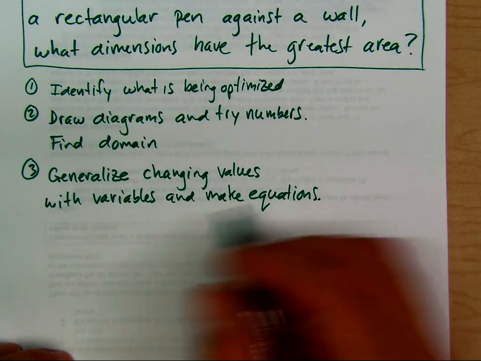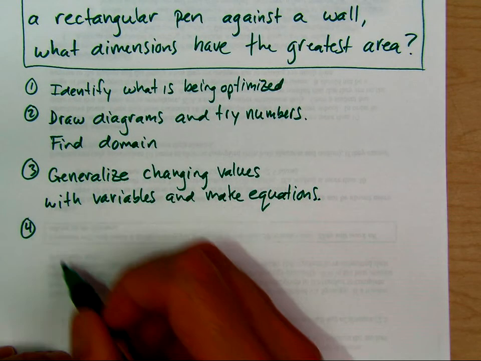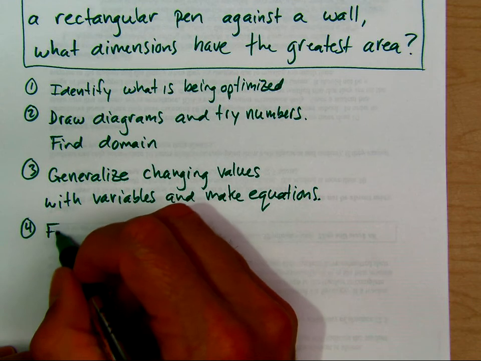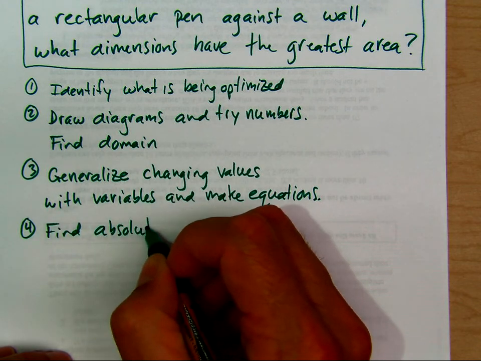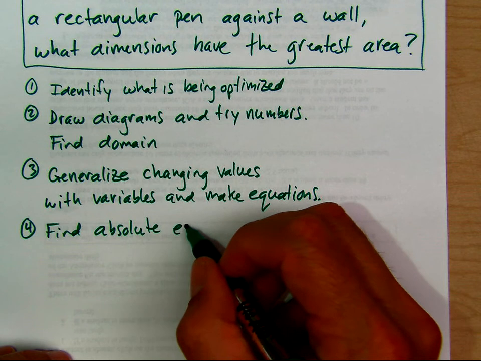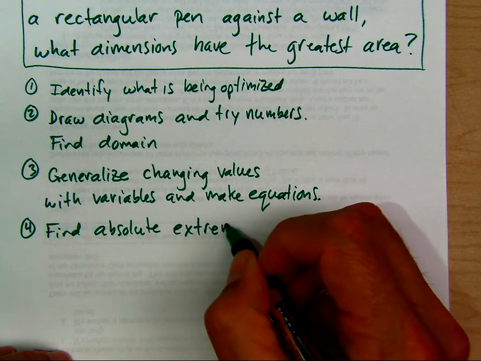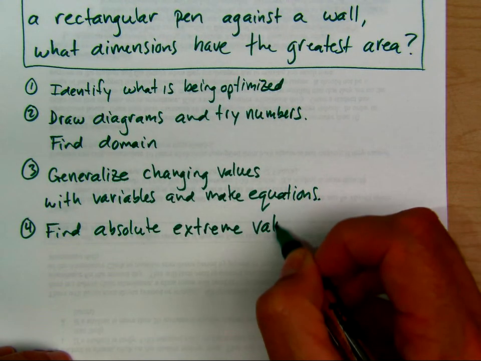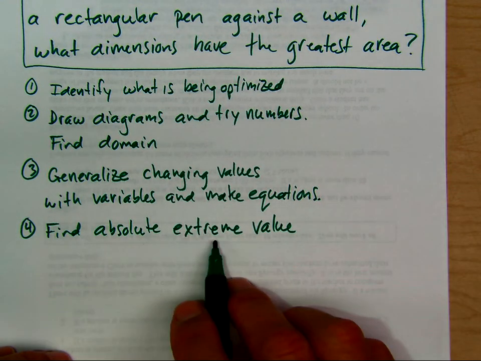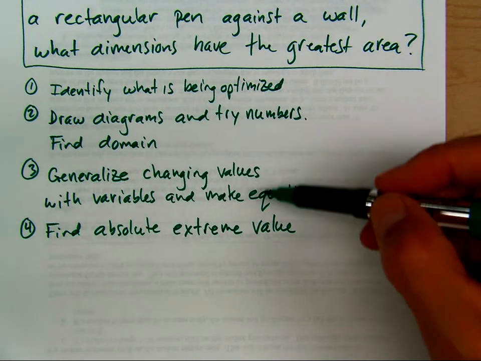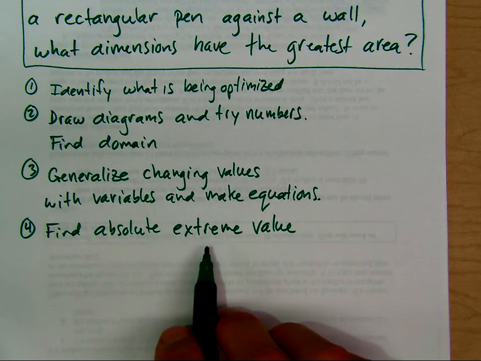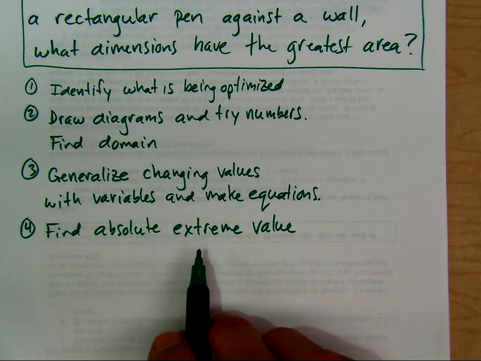Usually we'll have 2 equations. Then we're going to find absolute extrema. That's what we did in the beginning of the chapter, and we do all these things to set it up and then find absolute extrema, and that requires the critical numbers and endpoints.